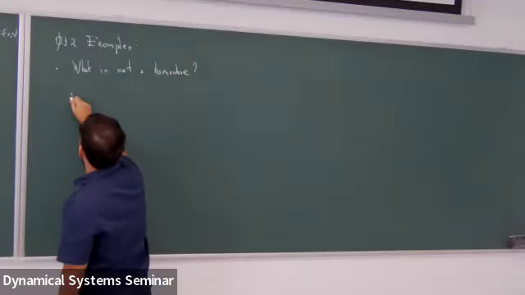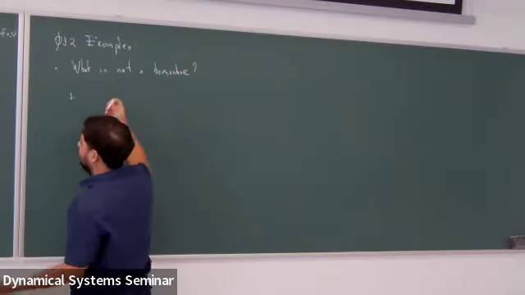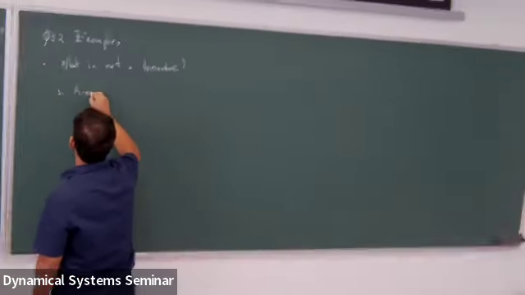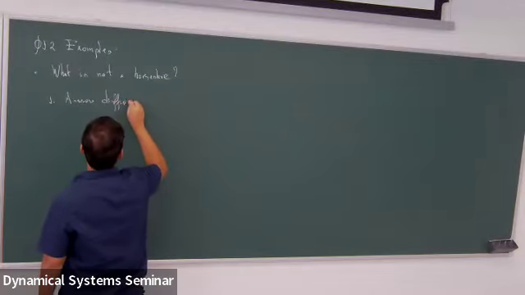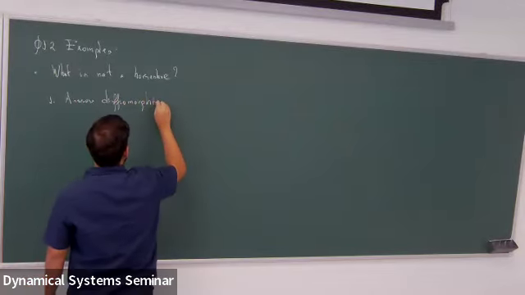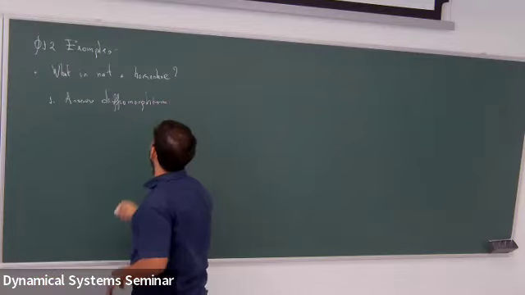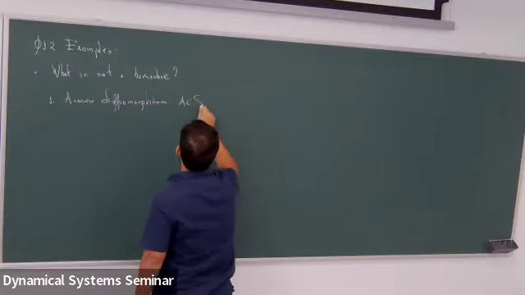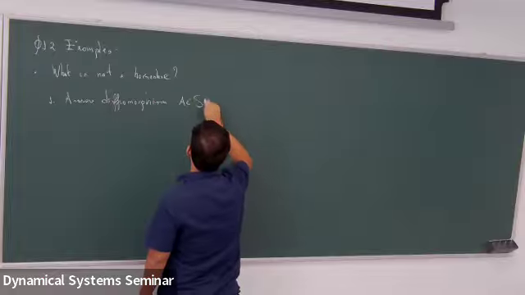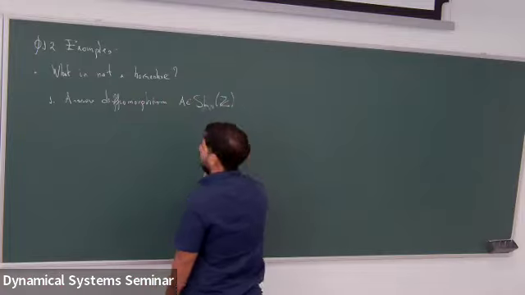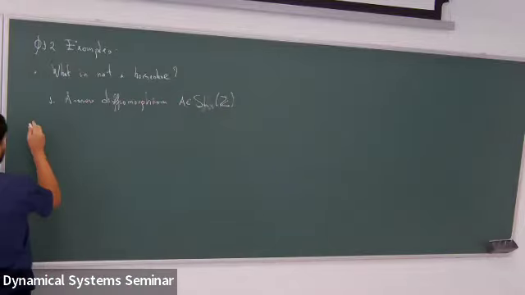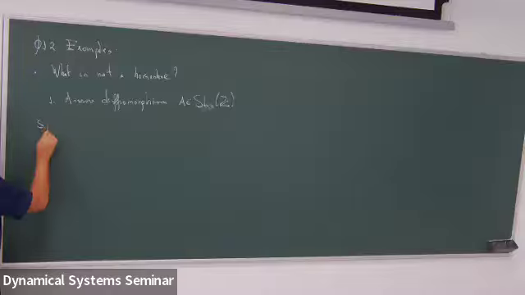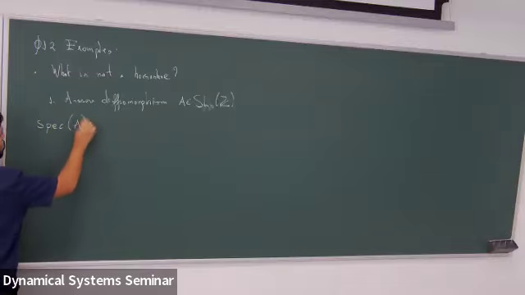The first one in this discussion is Anosov diffeomorphisms. The model for this kind of diffeomorphism is given by picking a matrix in SL(n, Z), so you have an action on R^n, and we are assuming additionally that there are no eigenvalues on the unit circle, so you have a hyperbolic matrix.